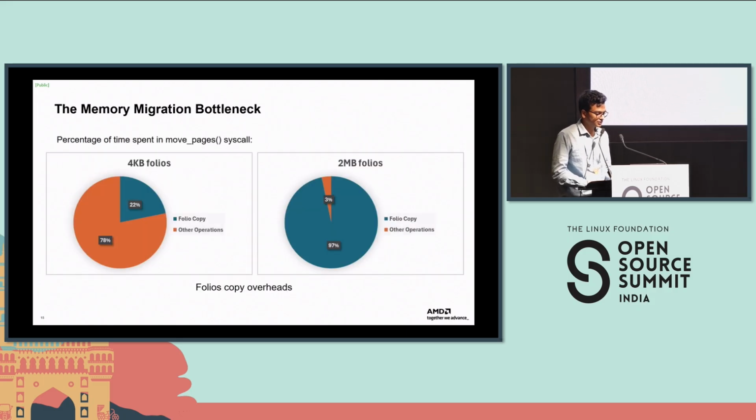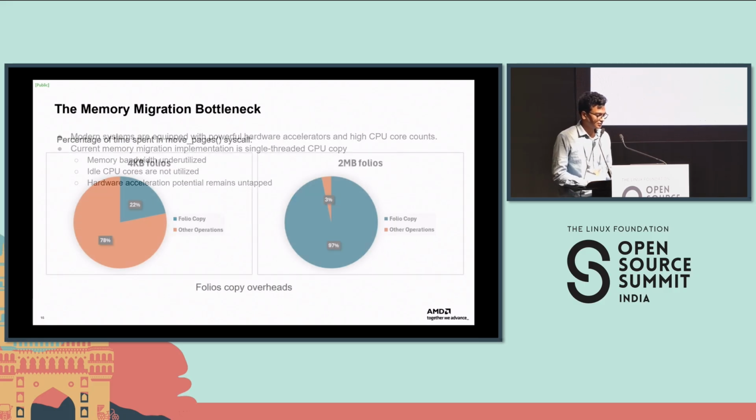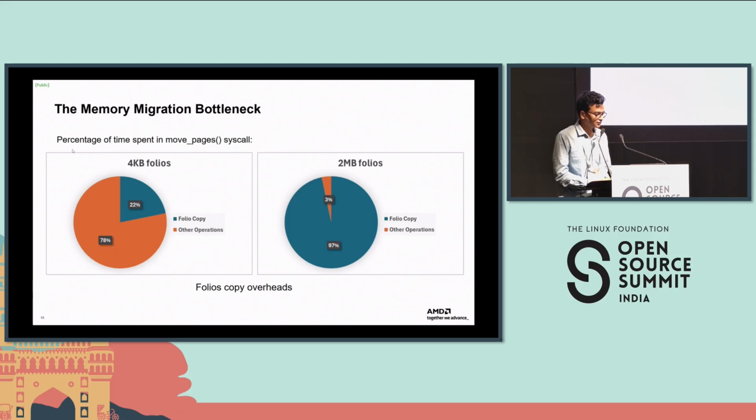So we profiled the move_pages system call to understand the overheads of folio copy. We saw that for 4 KB folios, 22% of the time was taken in folio copy, while 78% was taken in other operations.